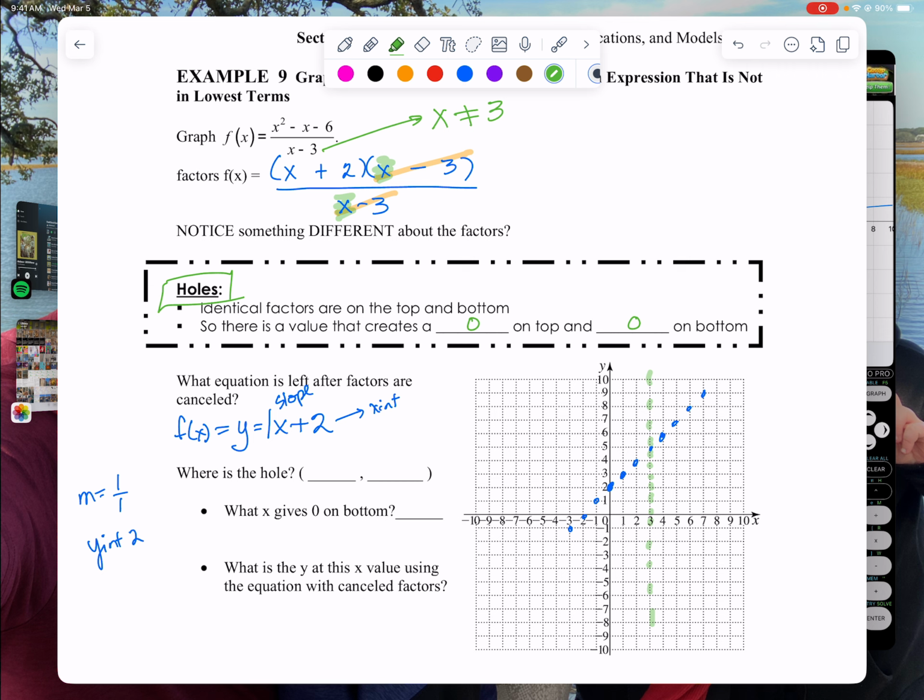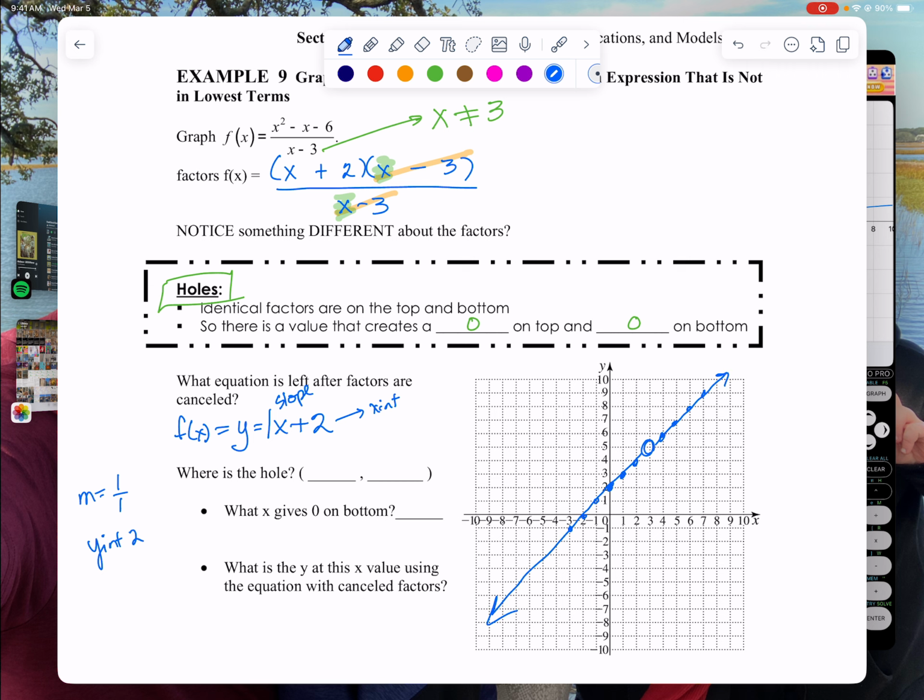So I'm going to erase my asymptote, and I'm also going to erase that point and put a big old hole in my graph. And then I'm going to connect the rest. See, I already told you I was linearly challenged. I'm going to connect that one, and I'm going to connect it that way. Okay, so I have a line with a hole in it.